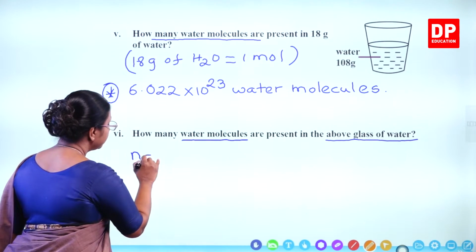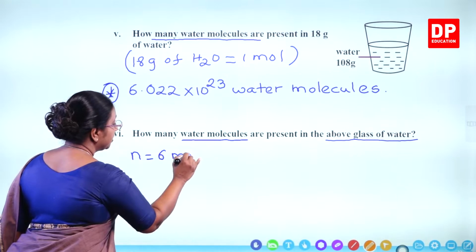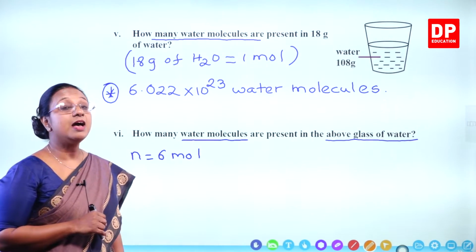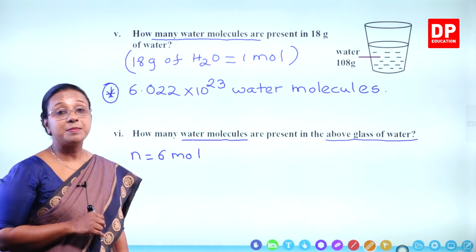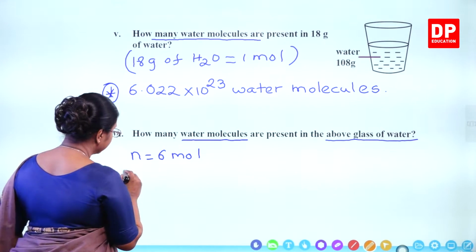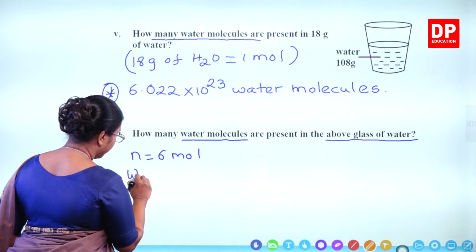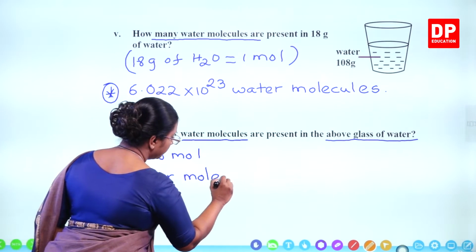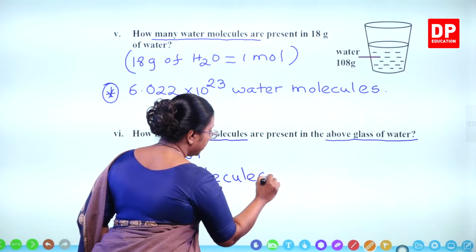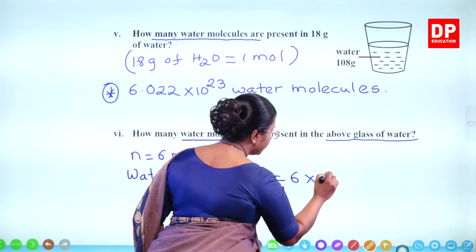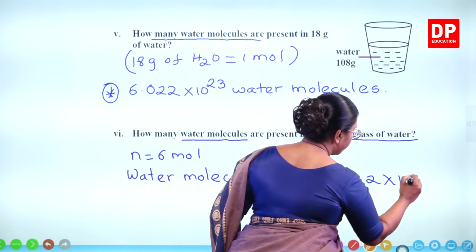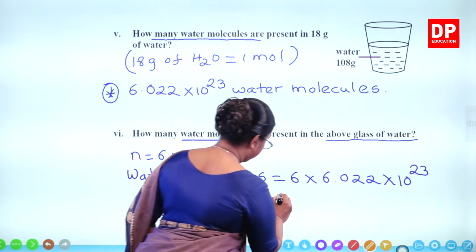So how many water molecules are present in the above glass of water? You know the moles is 6 moles. So we already know in 1 mole there are Avogadro number of particles. So in 6 moles, water molecules equals 6 into 6.022 into 10 to the power of 23.